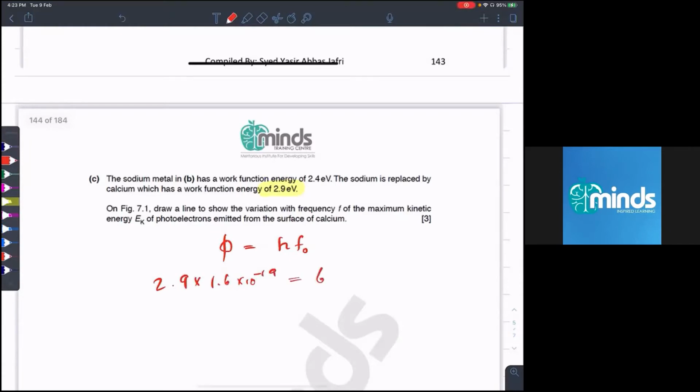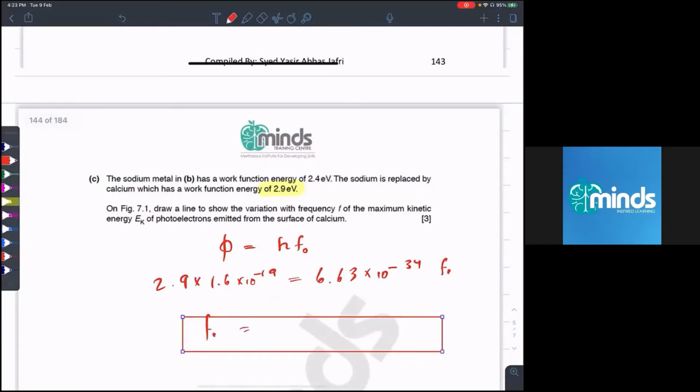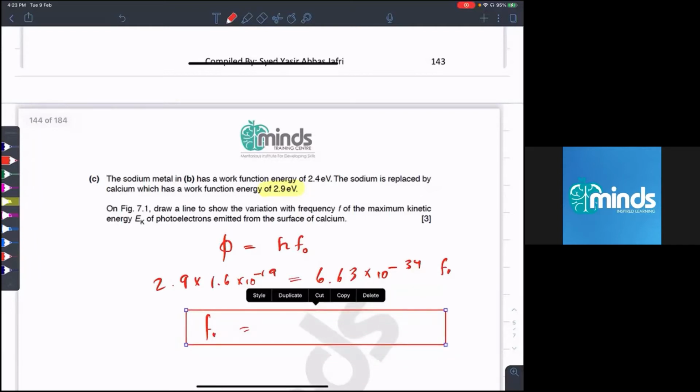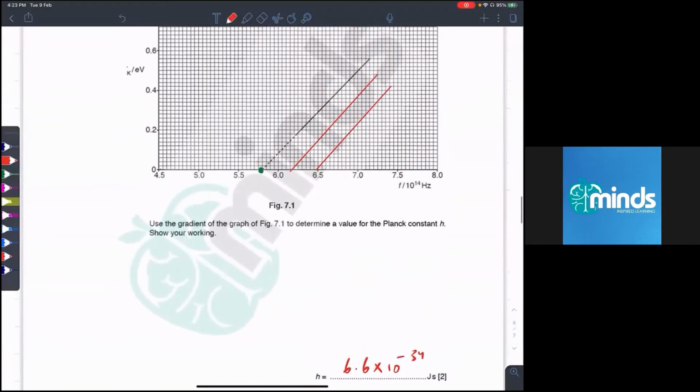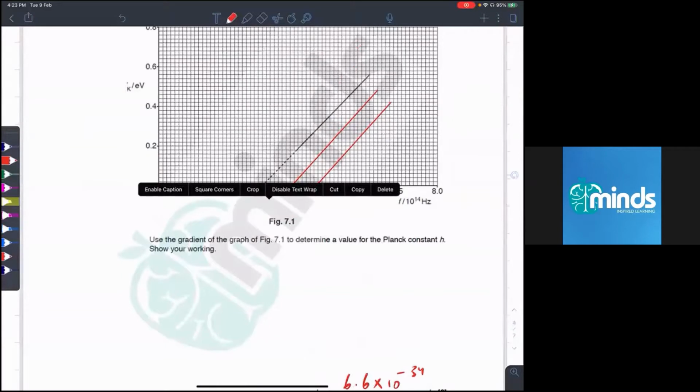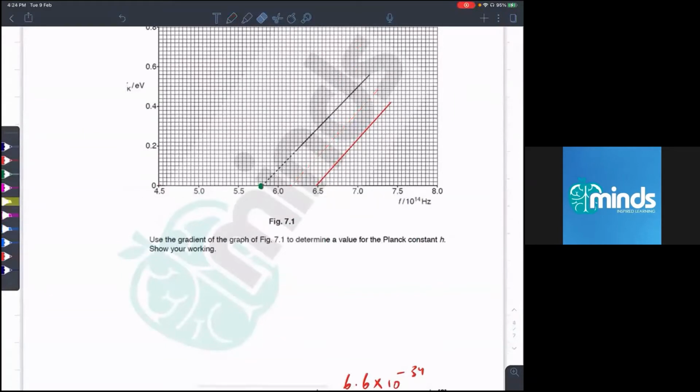The value of Planck's constant is 6.63 x 10 to the minus 34. So you can calculate the value of f naught from here. That value will be something around 6.9 or 7. That's why I said when you need to draw a straight line, you can draw many straight lines parallel to the given line.